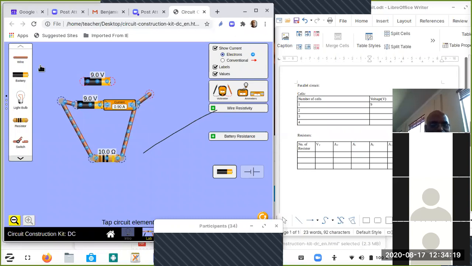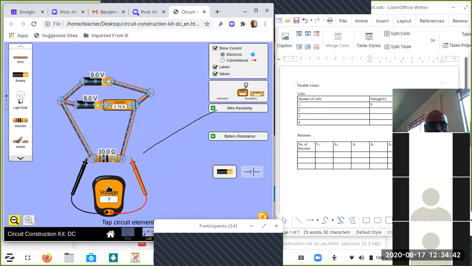Now we have two cells. Let's see how much voltage is going to be across our resistor. Right, there is my voltmeter.